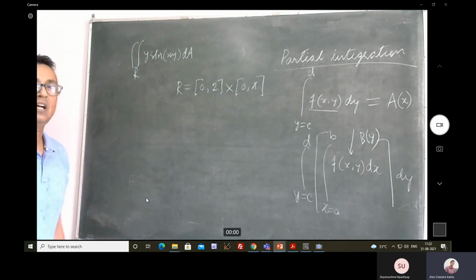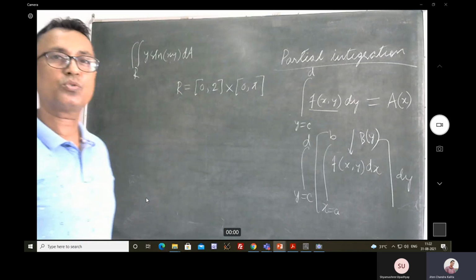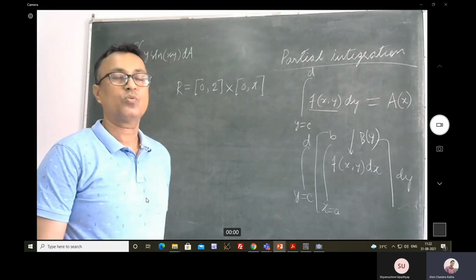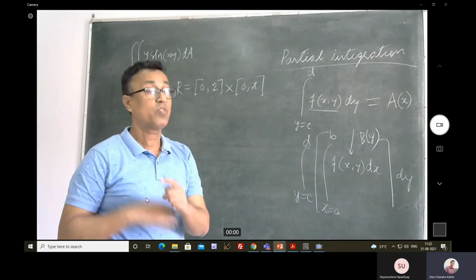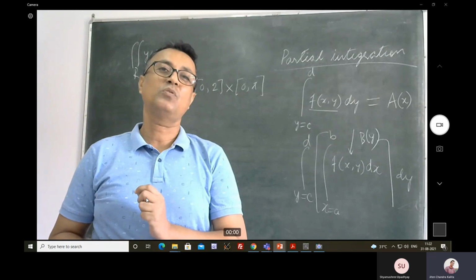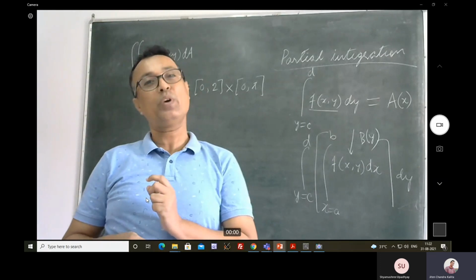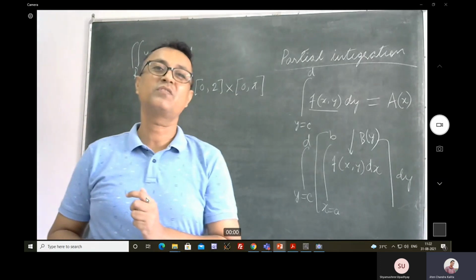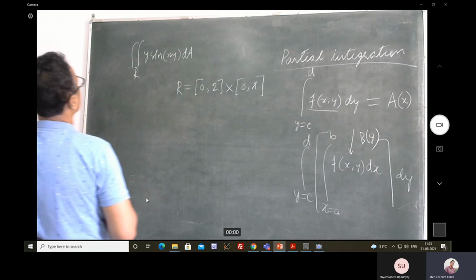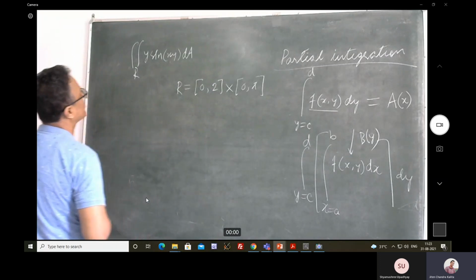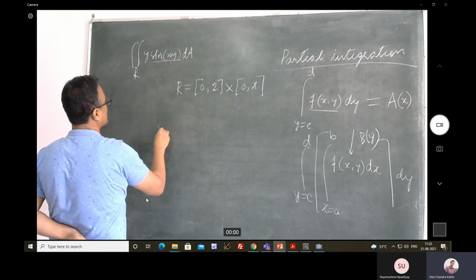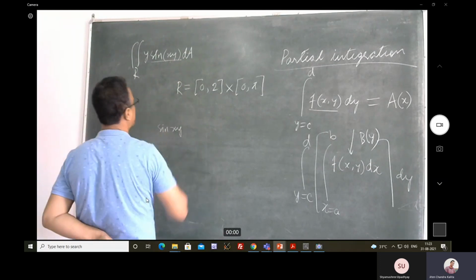Now you may be asking me, which integration should we take first? Integration with respect to x or with respect to y? See, both ways it is going to work. By Fubini's theorem, it is definitely going to work both ways. But you have to first see which strategy is going to give you the smoothest procedure. For example, here, what I'm going to do, see, this is sine xy.